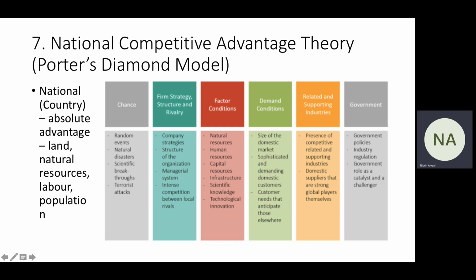Lastly is the national competitive advantage theory. This basically looks at whatever advantage the country can offer, such as land. In Malaysia, we provide land to traders where they can open new factories, like Microsoft did, and our highways, all these things.